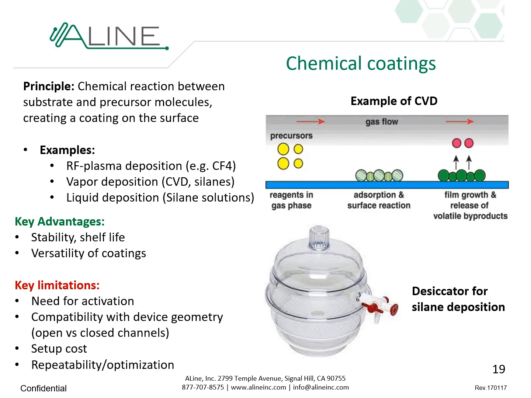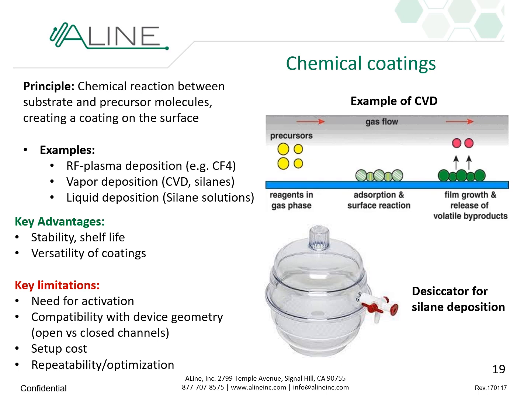As I mentioned, chemical coatings are another pretty popular set of methods for changing the surface properties. The principle here is a chemical reaction between the substrate and precursor molecules that are typically in gas or liquid form, and then after this reaction, there is a coating that gets created on the surface, and that is permanently bonded to the original surface.